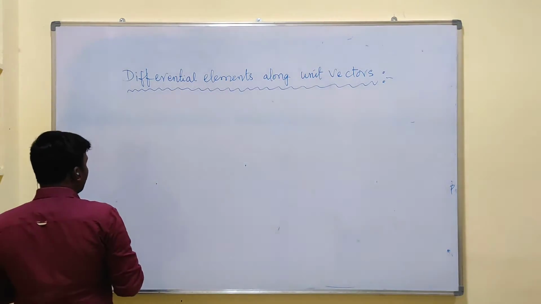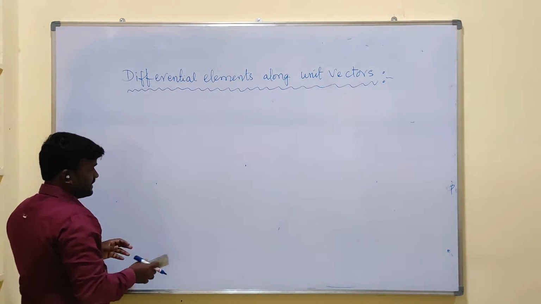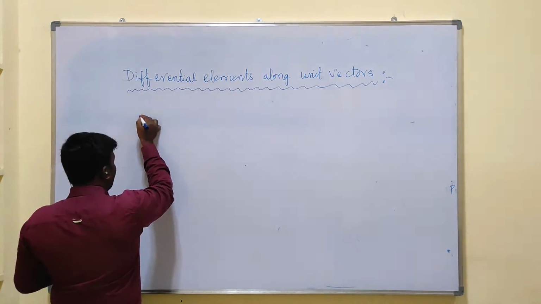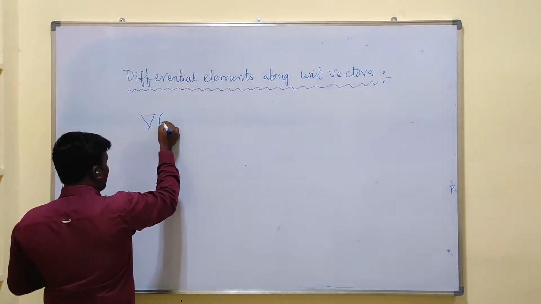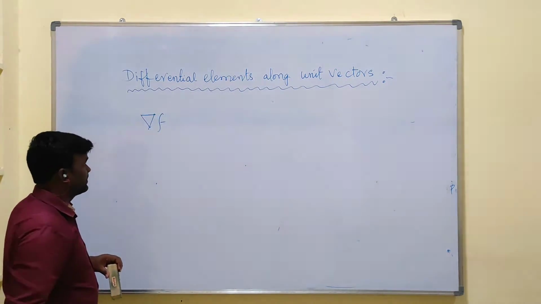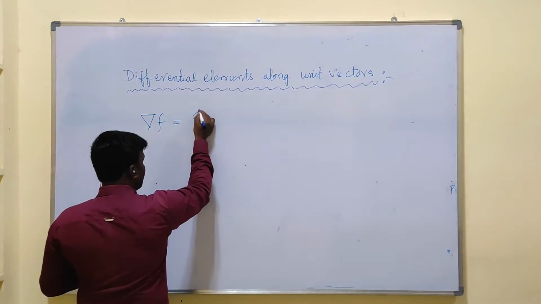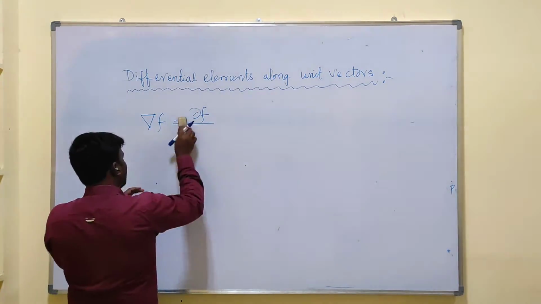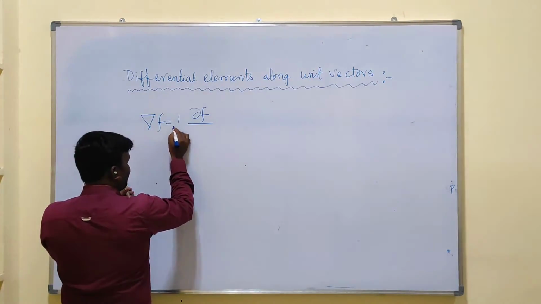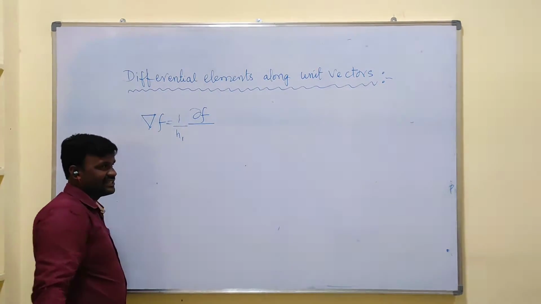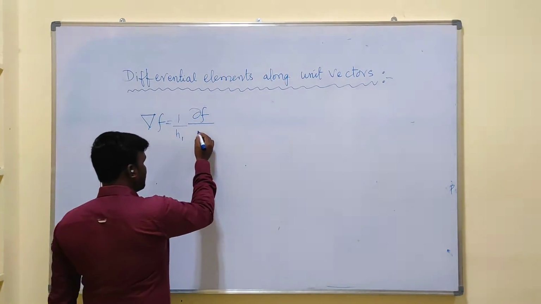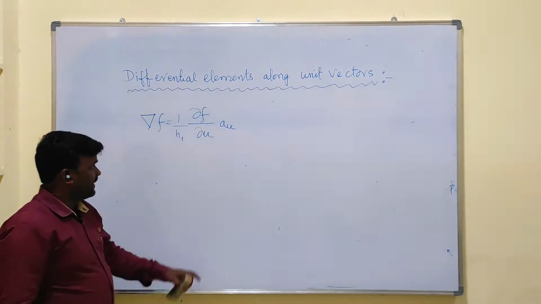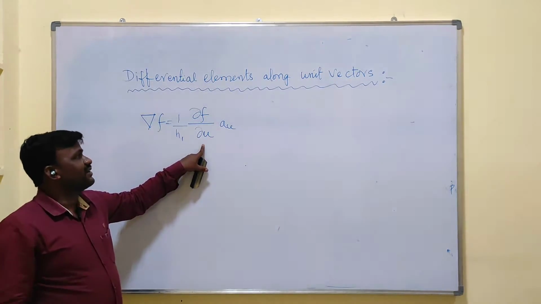Basically, the gradient of a scalar function is given by del f, where f is some scalar function. You can write the gradient as: 1 by H1, dou f by dou u, a u. Here u is the first element in the given coordinate system.